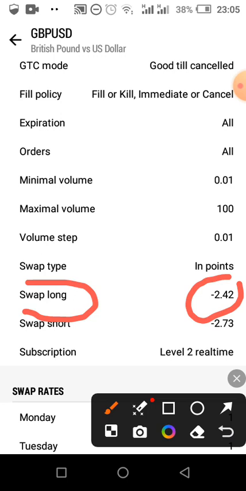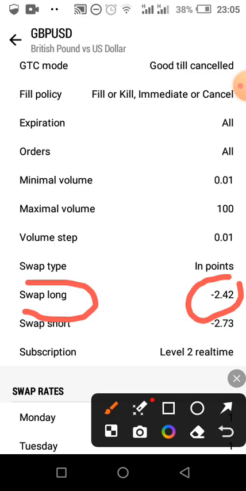So you can always check your broker's website to make sure the readings are the same. And also, if you are someone who will be doing trades which extend into the next day for more than a day, like in short-term trading and swing trading, you can practice in your demo account to see how swap fees will affect your trading.